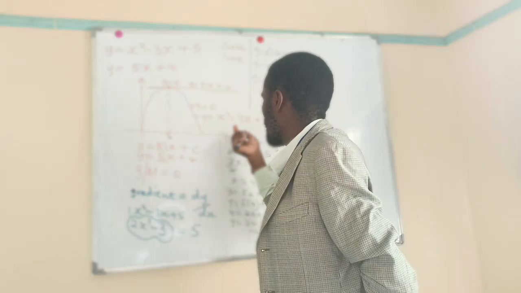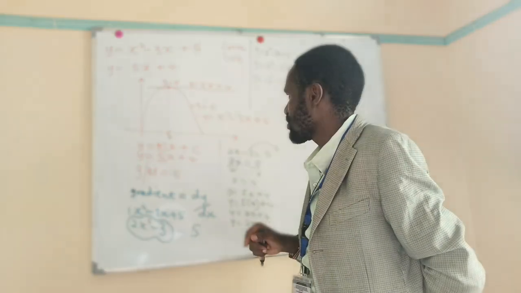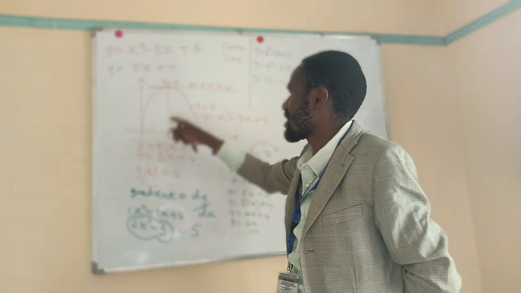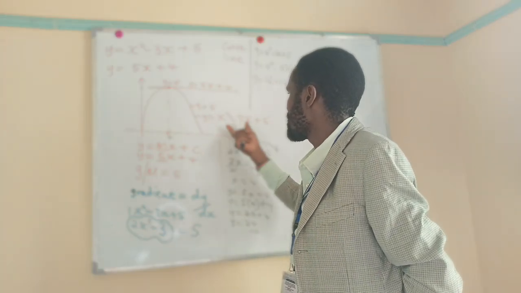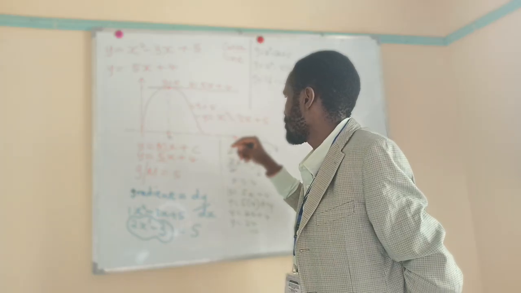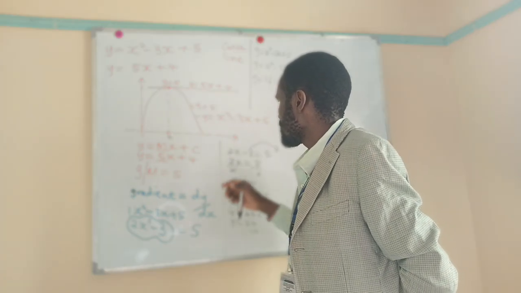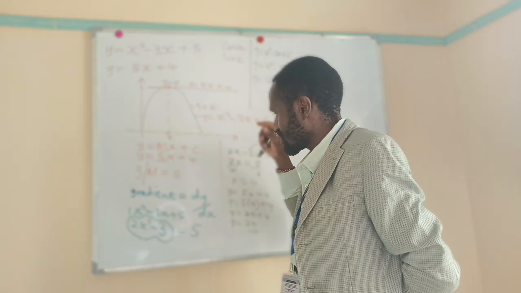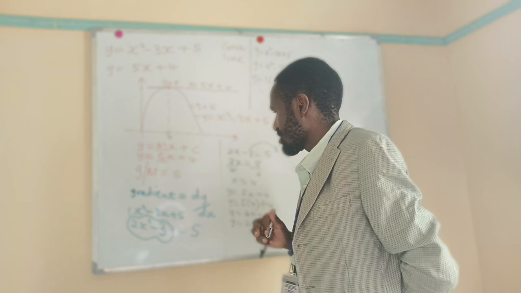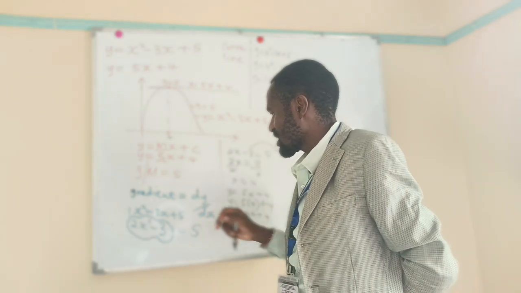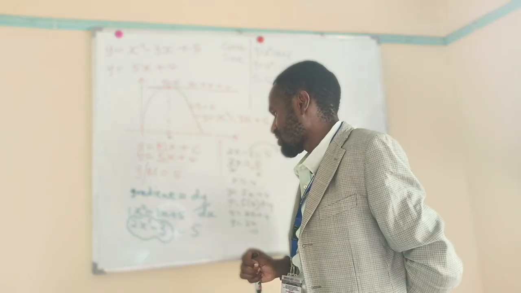Now we should come up with the dy dx that can help us get that gradient of 5 at that point, so that we can get the exact value of x where the gradient is 5. We see the equation of the curve, y equals x squared minus 3x plus 5, and we differentiate that. We get 2x minus 3. Yeah, that's the dy dx. So when you place here 2x minus 3 and equate to 5, we'll get the value of x.